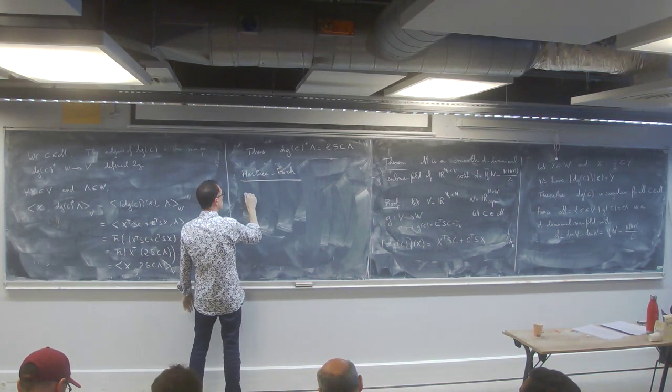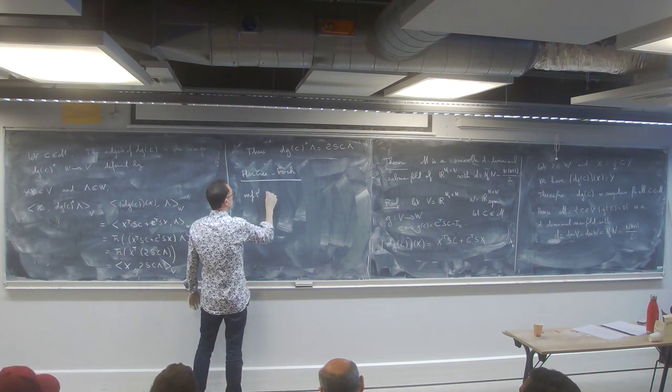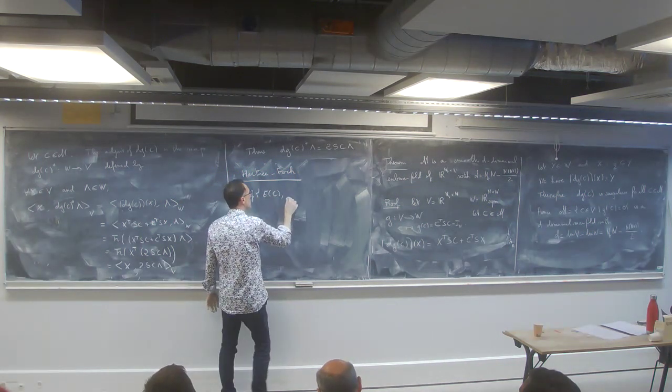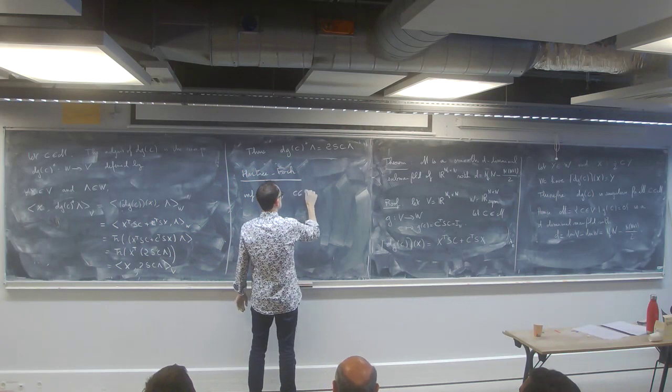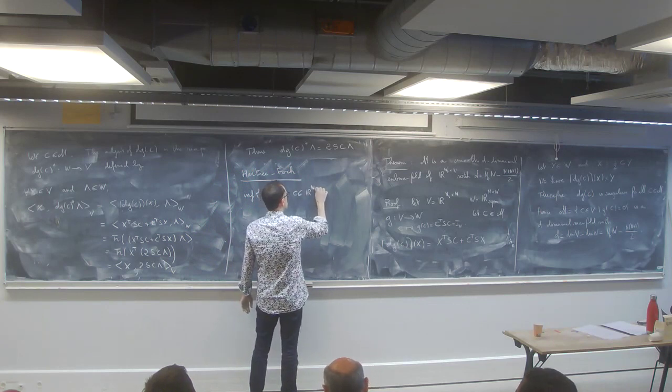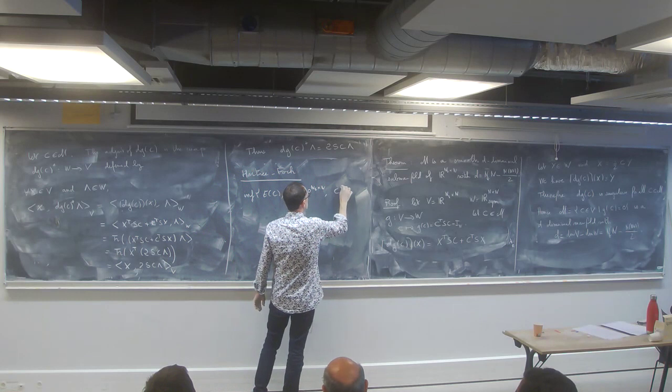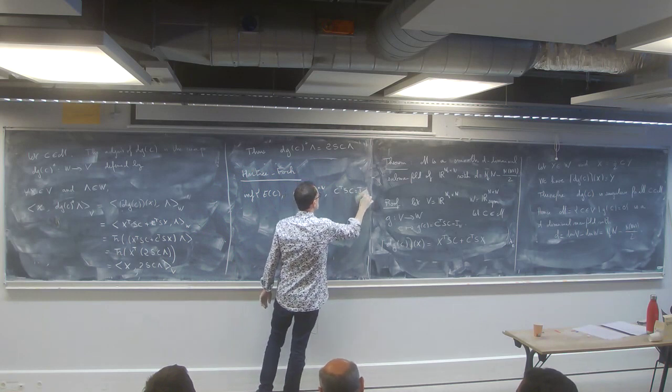So Hartree-Fock is a minimizer of E of C with C in R^(N by N) and C transpose SC equal identity.